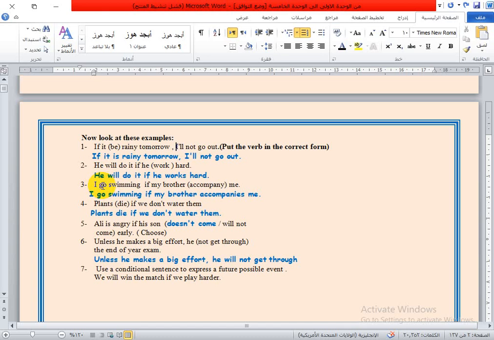So because the main clause is a present simple, this is zero conditional. So the if clause must be present simple. Accompany, we have my brother, which is singular, so for accompany we change y into i and we add es.